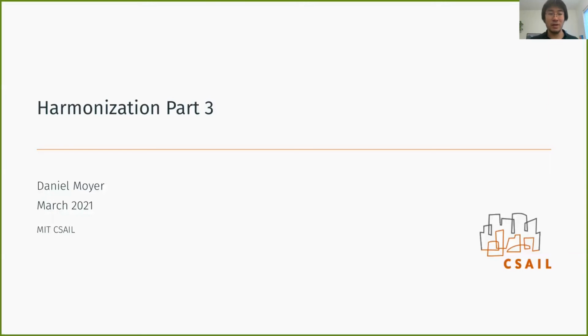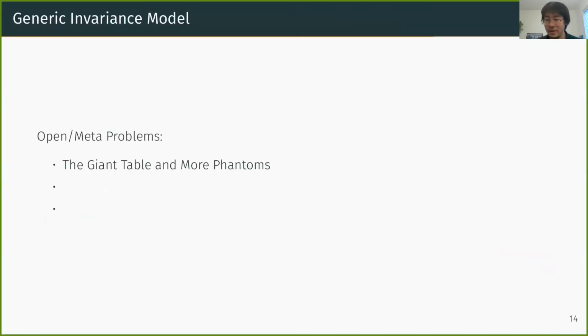Otherwise, introducing a new site is a strong factor. Invariance is one method, but exploring them all is pretty good. Great. Let's talk about part 3, where we're going to step back a bit. These are about open and meta problems in harmonization.